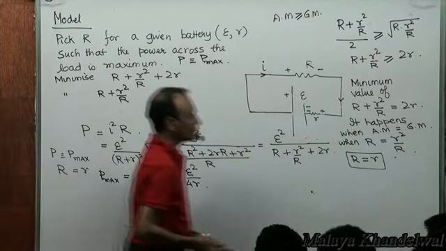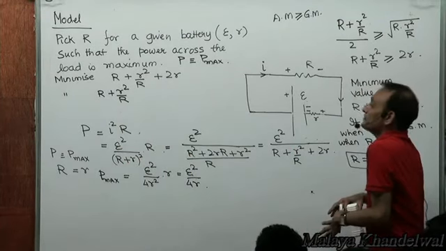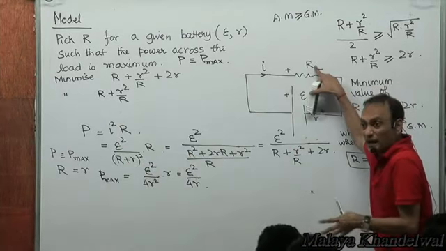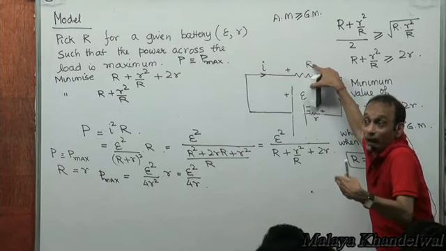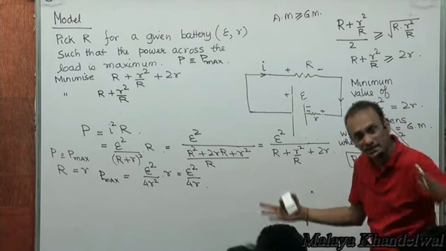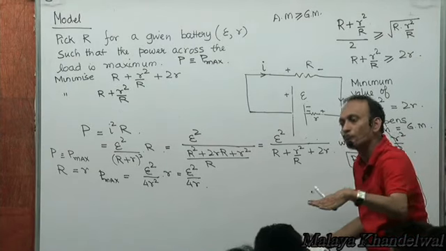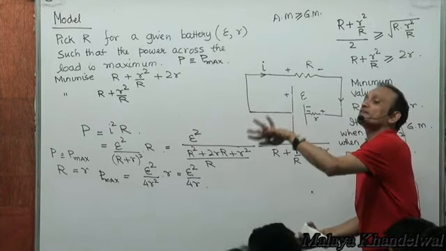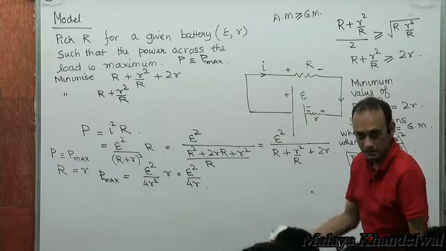Now, let me draw the power versus capital R. If I vary capital R, I know that when capital R becomes equal to small r, power dissipated is maximum. But let me have a rough idea of the variation of power with capital R graphically.